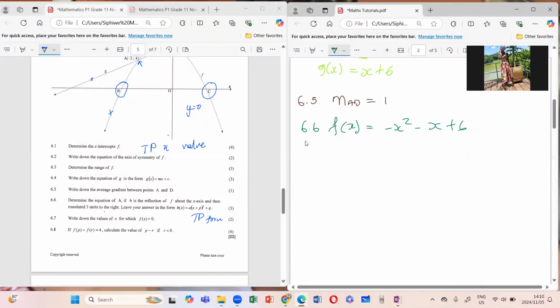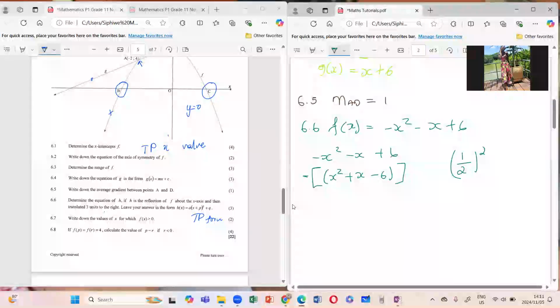So we need to do that by completing the square. Minus x squared minus x, take out the negative. So we have x squared plus x, then half all squared, we need to add and subtract this. So minus 1 and plus half, minus 6.